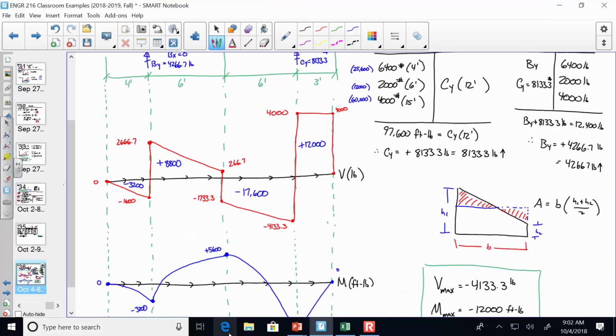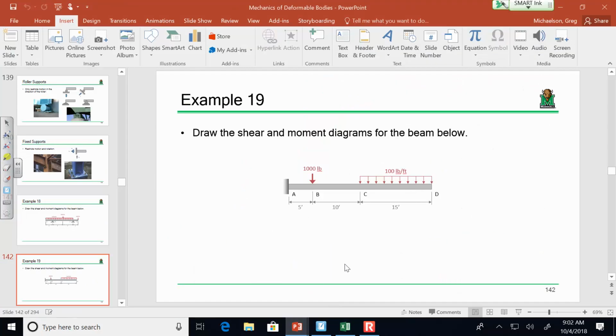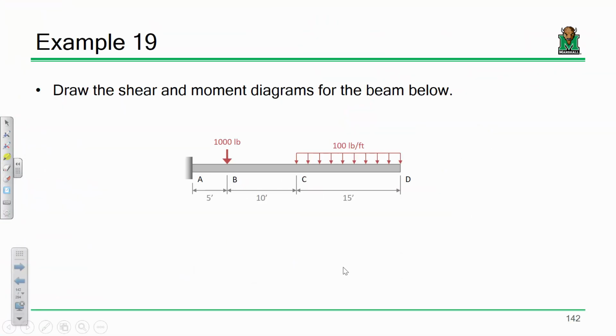Here's what I'm thinking on this one. What time is it? It's 9:01. I'm going to be honest with you. I don't think we have enough time to properly explain this one right now in class.